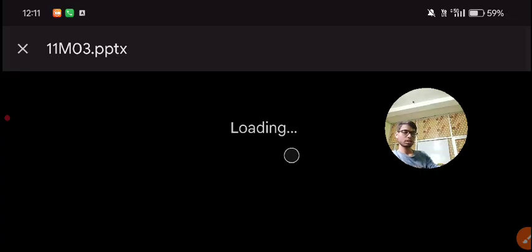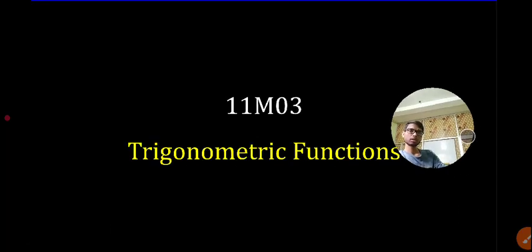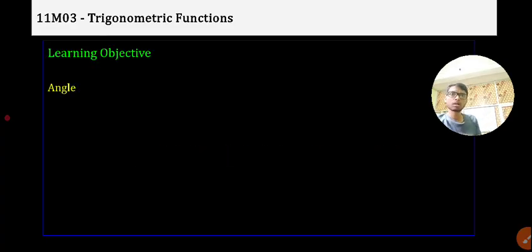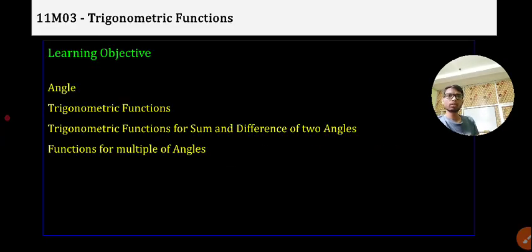Trigonometry. I am looking at what's the difference among this. Whatever we discussed, will it be different from this PPT? If yes, then we will explore it as well. Angle, trigonometric function.